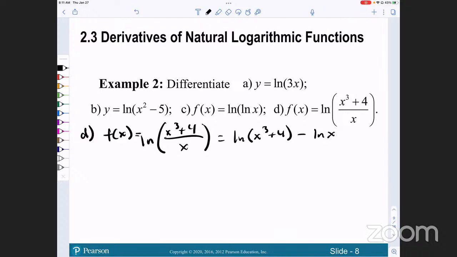All right, so you can break it apart. Then let's differentiate. That'll be a lot easier to break down than using the quotient rule. So then f prime, that first part is the derivative of a log, du over u, or f prime over f. So that's going to be 3x squared over x cubed plus 4.